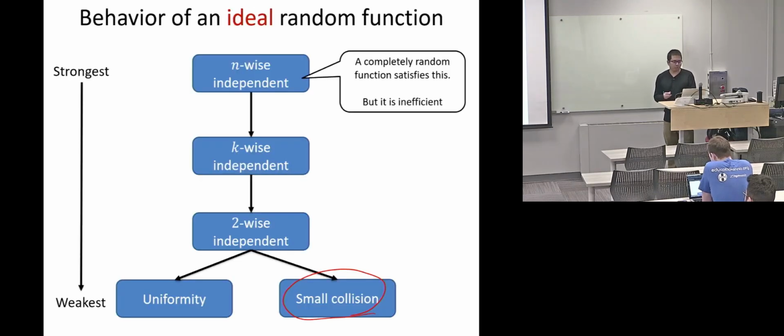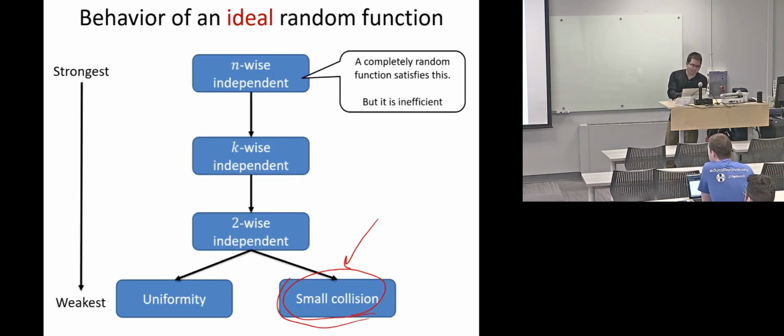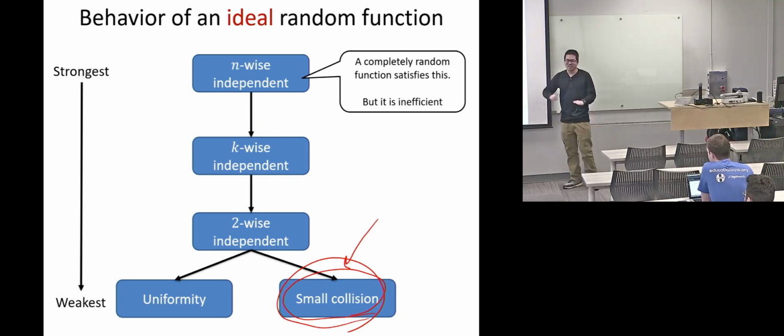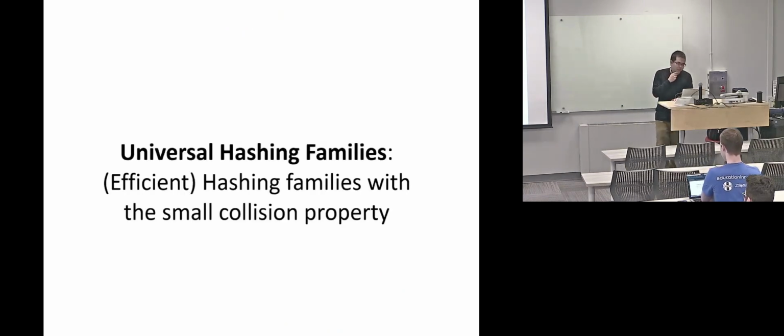So we're going to just look at this one. I'm going to show you a family of functions that will satisfy this small collision property, but you'll see that it's so much simpler to describe and evaluate. That's called a universal hashing family, a hashing family with the small collision property.